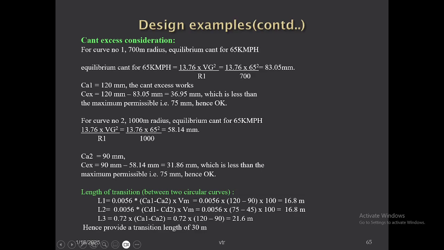From this equation we got 21.6. So this is higher. That is why, of the three, we consider the last one, 21.6, and rounding up to the next higher multiple of 10 we fix it as 30 meter. This will be our length of transition, to be provided in between the two curves. I think you have understood the compound curve, and how the minimum length of transition can be provided.